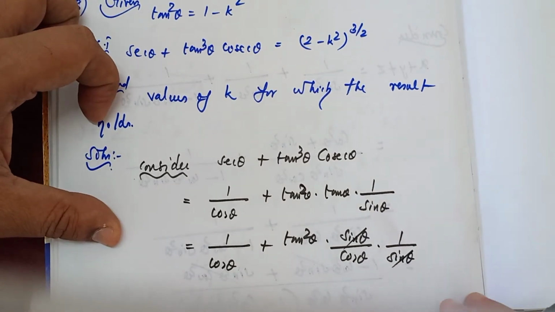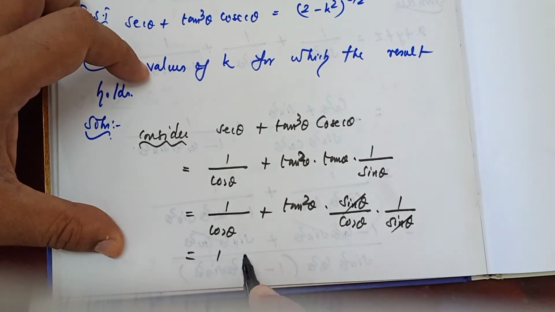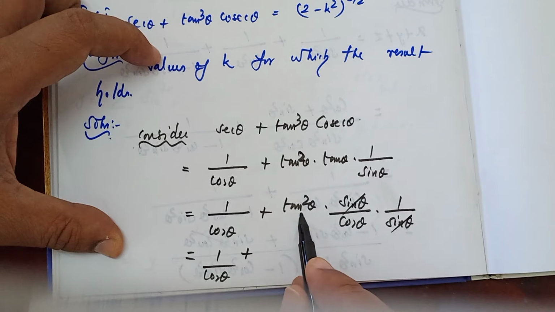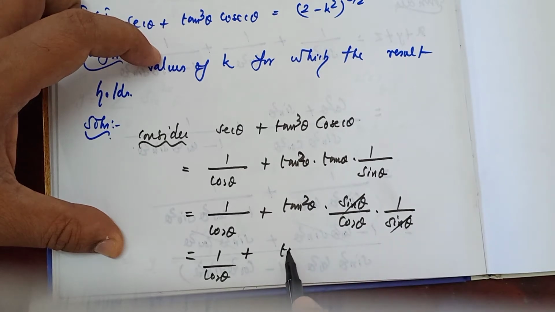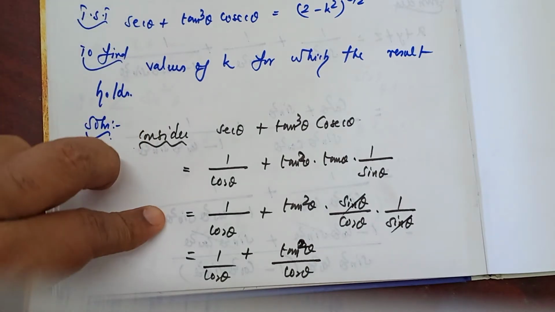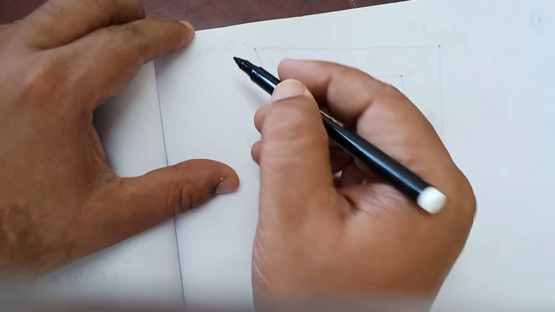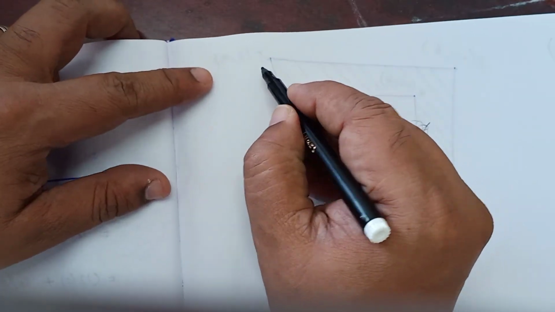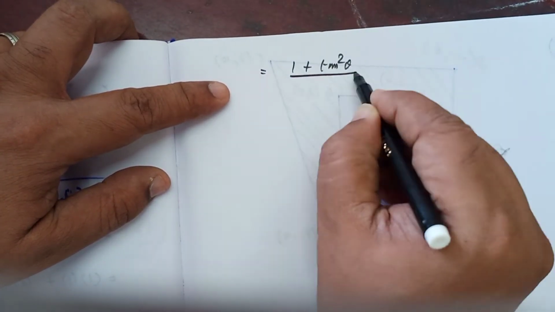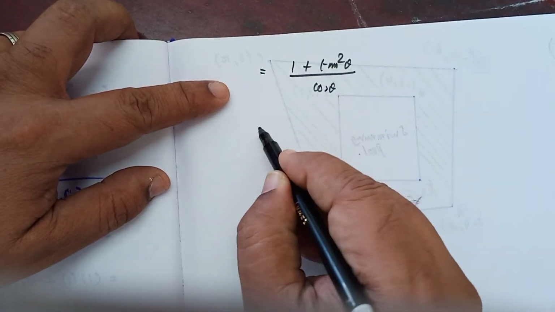So that is equal to 1 by cos theta plus tan square theta into 1, that is tan square theta divided by cos theta. Now common denominator cos theta, you just add the numerator: 1 plus tan square theta divided by cos theta.